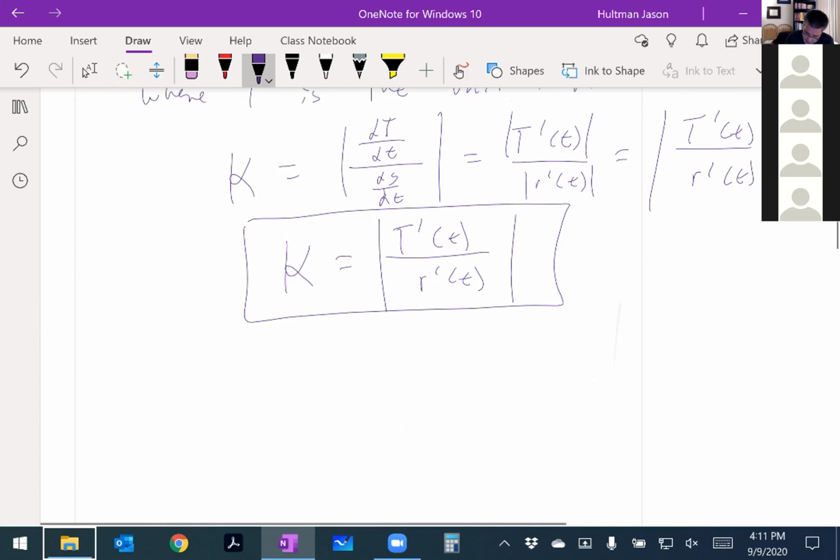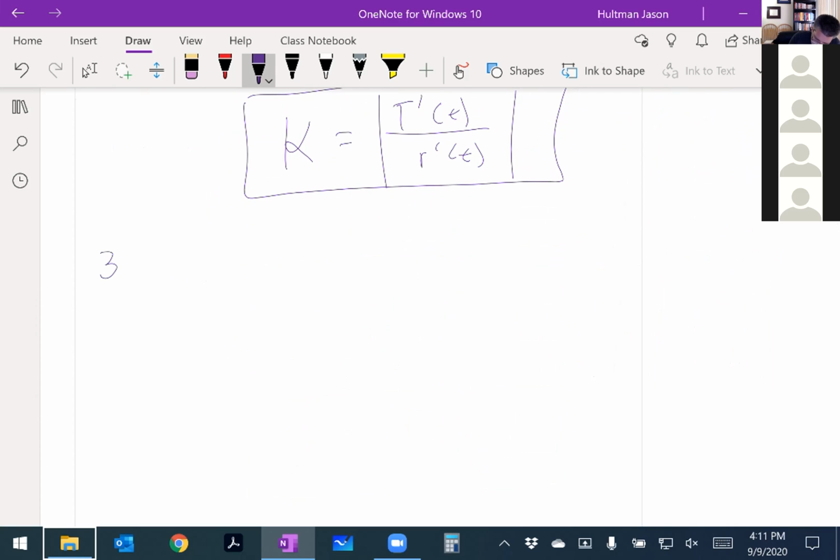Example 3. Show that the curvature of the circle of radius a is 1 over a.